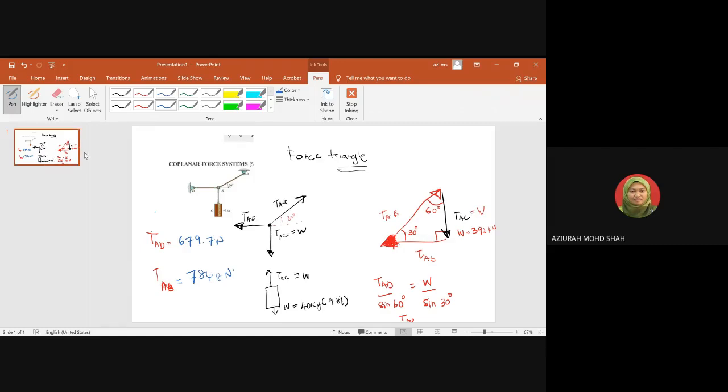But with the triangle you have to play around with the angle, and when you construct it you must make sure you get the angle correctly. The easier one is rectangular component, you don't need to think about arranging it, just write the equation, but you have to know how to get the x component. So is it F cos theta or F sin theta? It depends on the position of your angle.